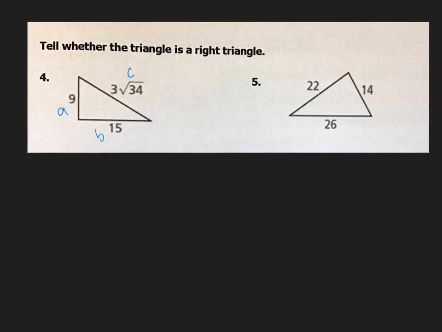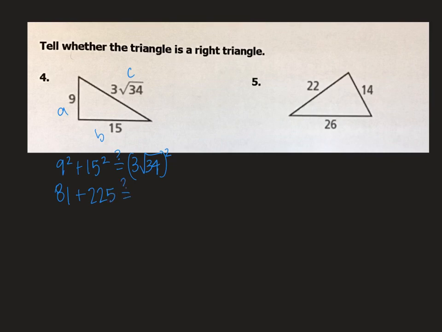And again, if you do 9 as B and 15 as A, that doesn't matter, as long as it's the two sides added together. So 9 squared plus 15 squared, is that equal to 3 times the square root of 34 squared? So 9 squared is 81. 15 squared is 225.